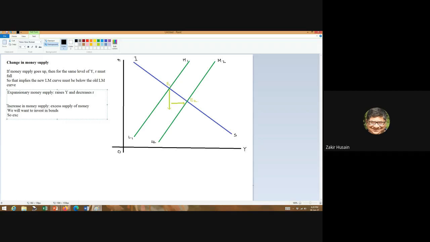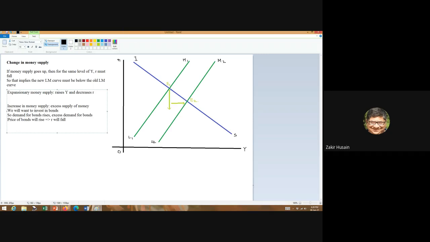So bond demand goes up, and there's excess demand for bonds. So the price of bonds will rise, which implies that R will fall, right?